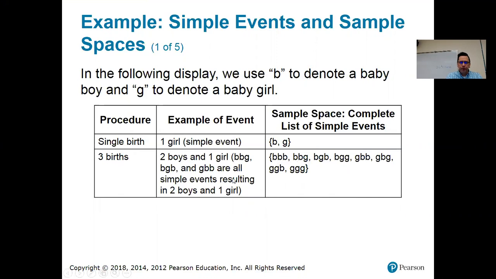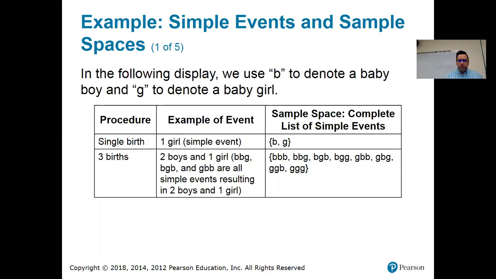Each of these 8 things are what they call simple events. These things cannot be broken down any further when you're looking at the experiment being 3 births, because you have to have all 3. You can't break it down any more than that.